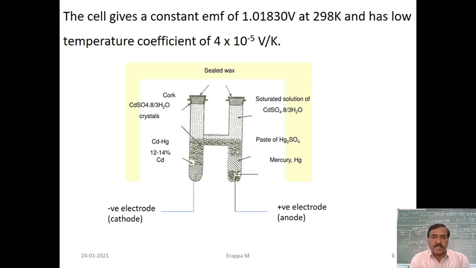The Weston cadmium cell is an H-shaped glass vessel. At the bottom, there are two electrodes. One is the positive electrode, and the negative electrode is on the other side. At the bottom of the left side there is a cadmium mercury amalgam, 12.5% of cadmium.